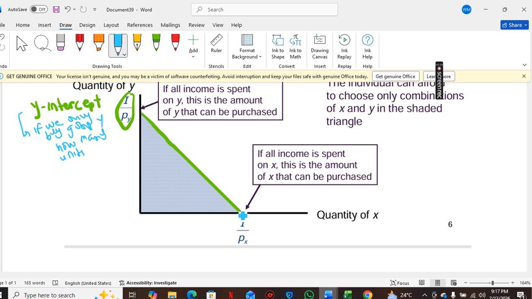And then here, this is our x-intercept, where the line cuts the x-axis. The x-intercept: how many units can we buy if we're only buying X? If we only buy X, how many units do we get?